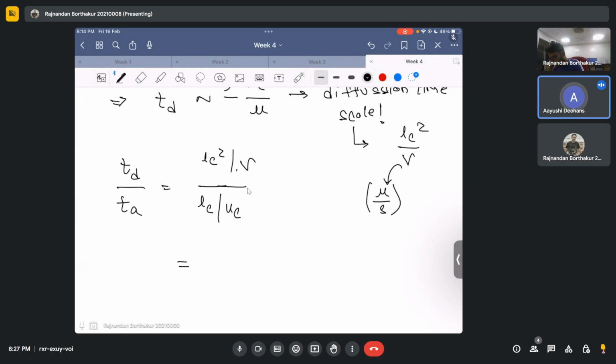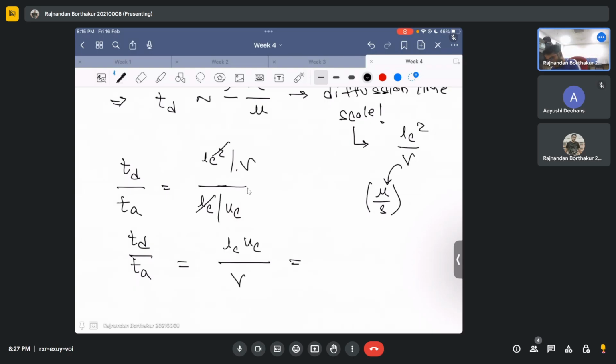It is the Reynolds number. Exactly. Just one second. So if I simplify this term, this becomes LC times UC by nu, and nu is mu by rho, so this becomes rho LC UC by mu.